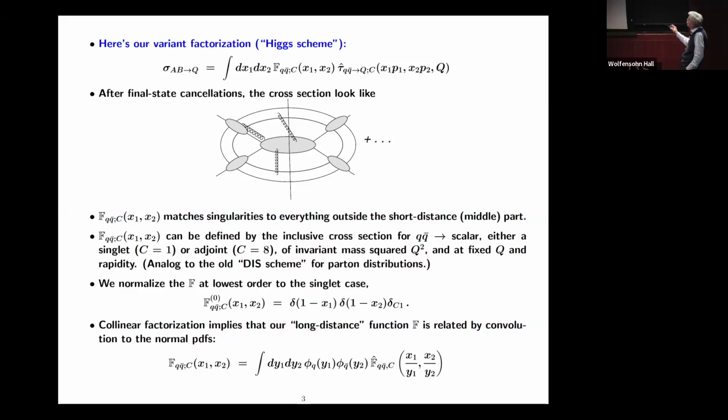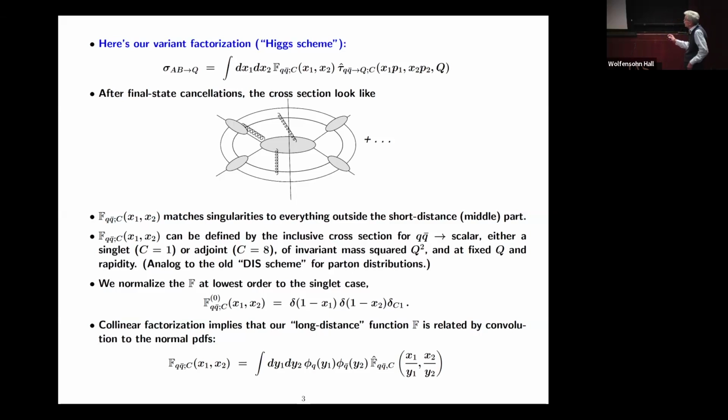And then there's a long distance function F, which includes both of the parton distribution momentum fractions. And basically, it just combines the 2 PDFs, but does not yet go to the point where we cancel initial state infrared divergences and factorize the collinear singularities from each other.